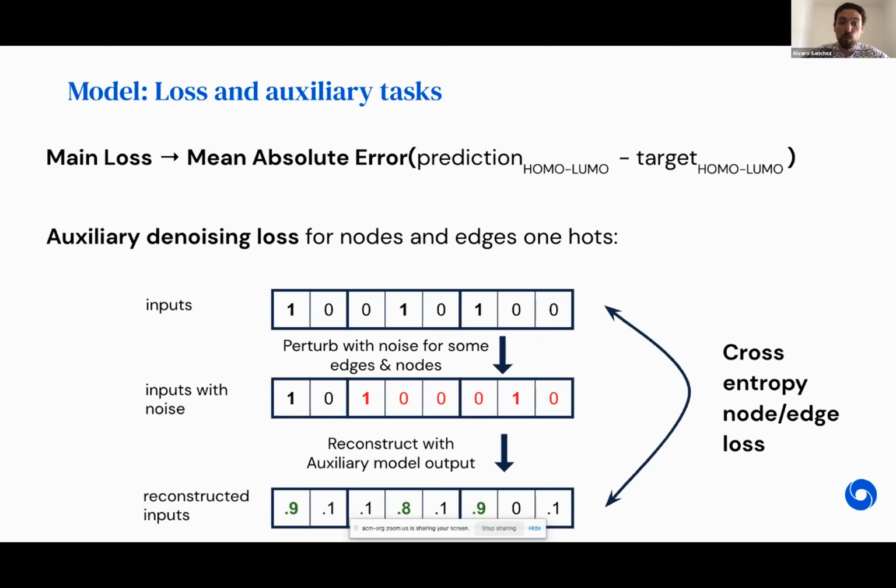Then we give this molecule with noisy features to the model, and we ask the model to correct the features via the auxiliary per-node and per-edge outputs. That is, we ask the model to predict the correct atom and bond properties. So we train the model to do this by adding an additional cross-entropy loss. And as we will see later, these additional denoising objectives can really improve performance.